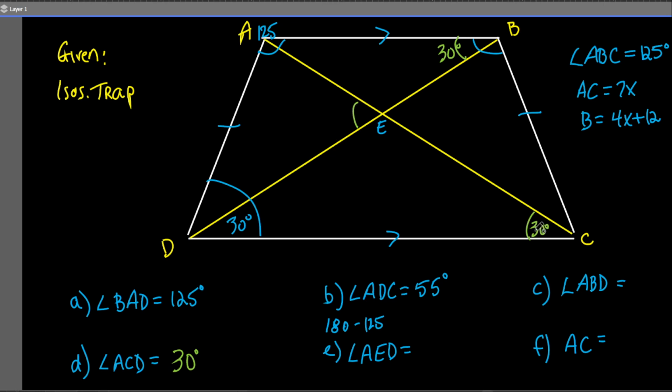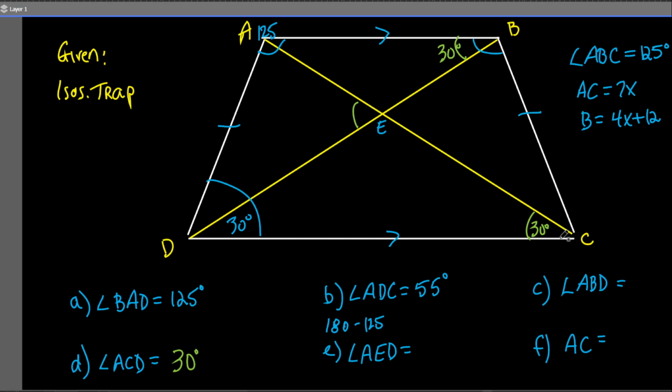These are remote interior angles. It's 30. No, it's not 30. 55? No. What's true about the exterior angle and the remote interior angles? The sum of the remote interior angles. You guys never seem to get this theorem. The exterior angle is equal to the sum of the remote interior angles.